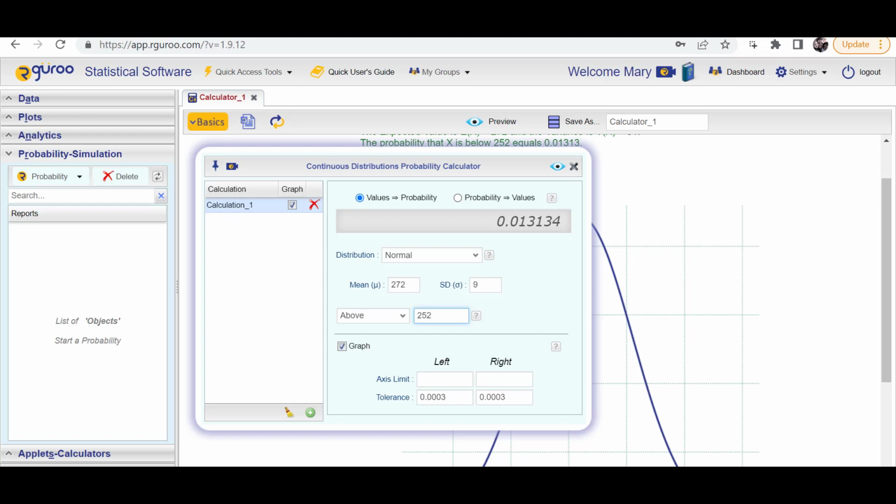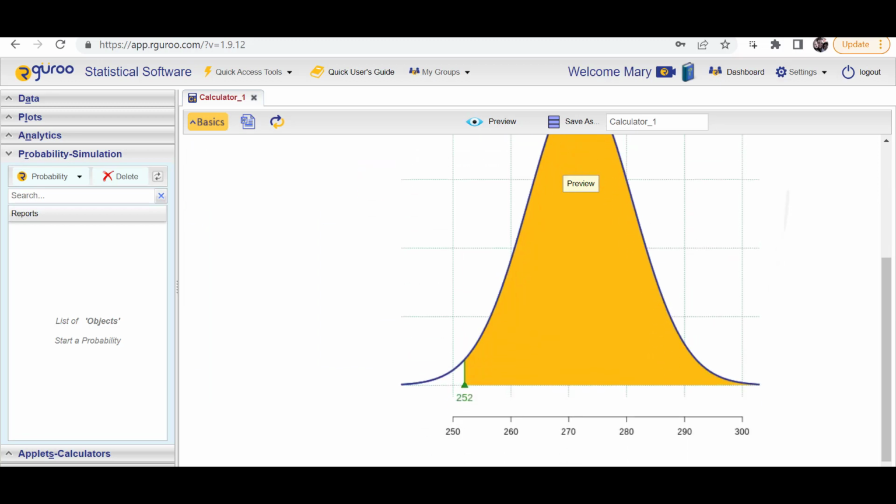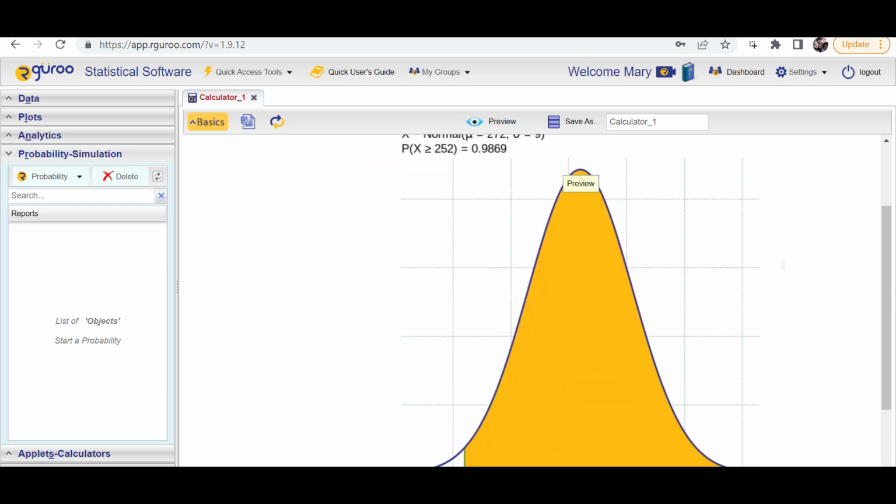I could go back and hit probability calculator, continuous, and then enter everything in fresh. But because it's using the same mean and standard deviation, I just chose to use the same calculator, click on basics, and make my adjustments. So preview button. Now I can see I've shaded to the right of 252, and that is 0.9869.